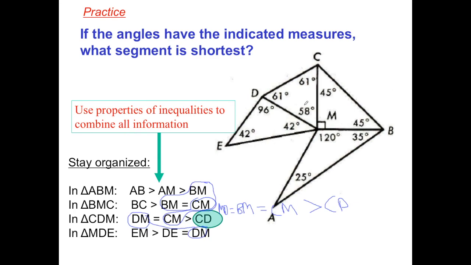And MB has the same length as DM because it's in an isosceles triangle also with CM being the other leg here, okay? So here we have some of the shortest sides here: MD, DM, CM and BM, and they're all larger than CD. So that proves to us that CD is the shortest segment.